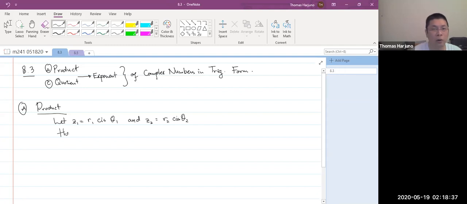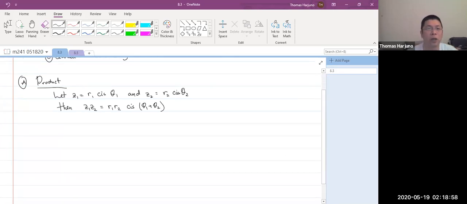Then the product C1 C2 will be the product of the radius, the product of the magnitude, times cis of the sum of the argument. Okay, proof.